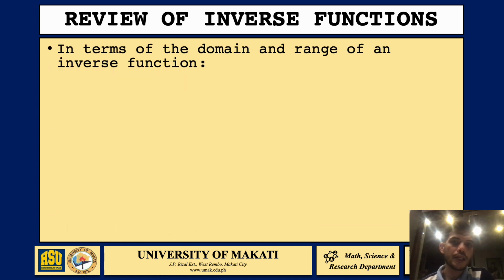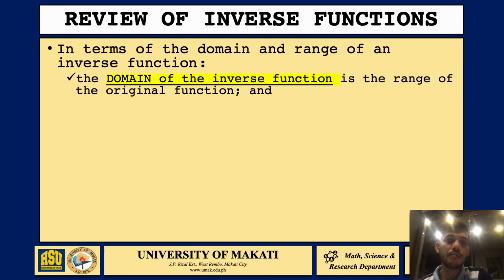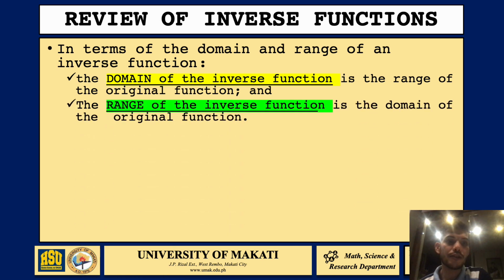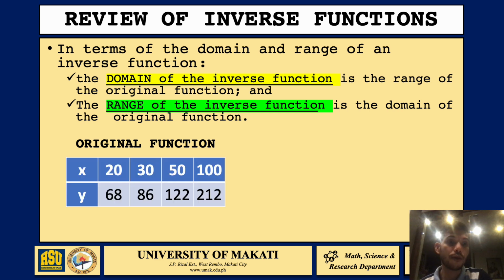In terms of domain and range of an inverse function, let us remember that the domain of the inverse function is the range of the original function, and the range of the inverse function is the domain of the original function. Let us say we have the original function in table form, where the x values are 20, 30, 50, and 100, and each x corresponds to y values: 68, 86, 122, and 212.